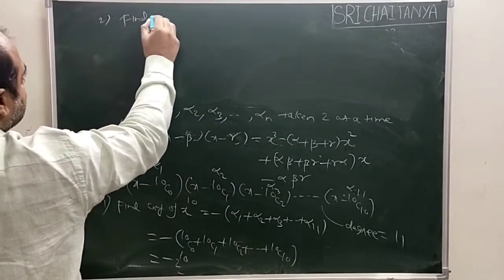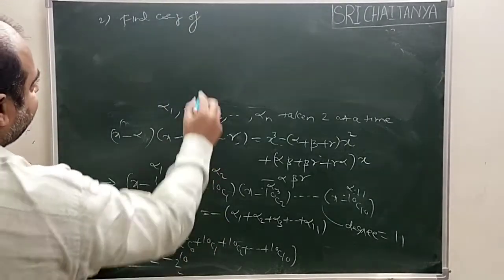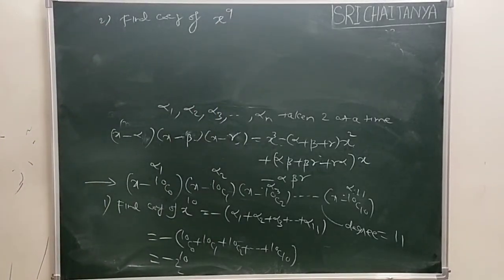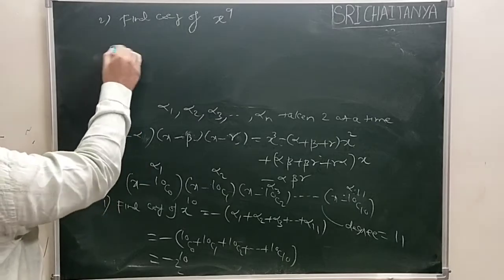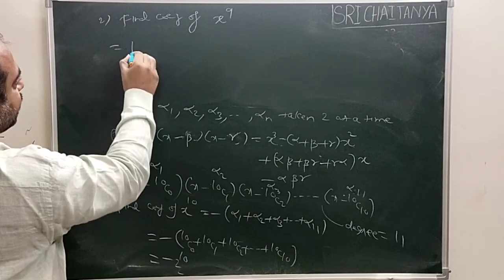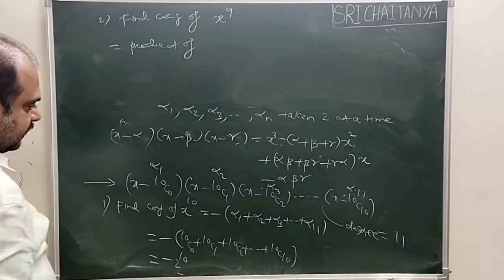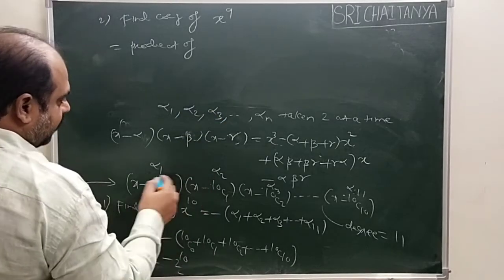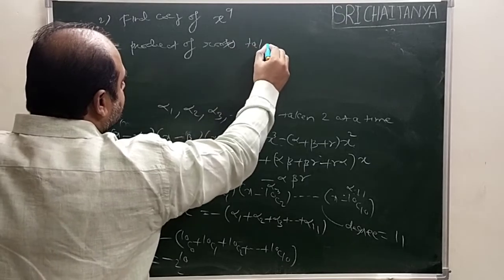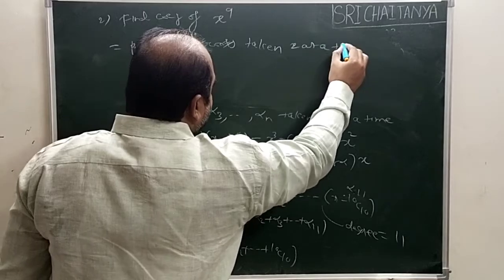Now find the coefficient of x power 9. X power 9 means the third highest degree: the product of roots taken 2 at a time.